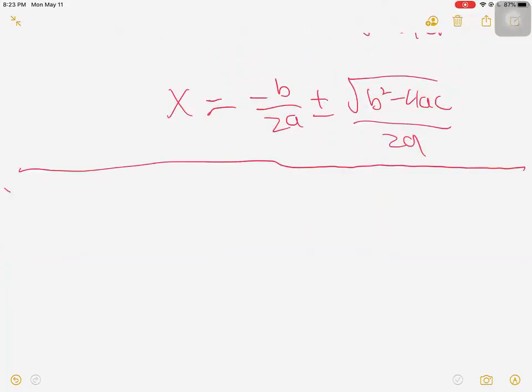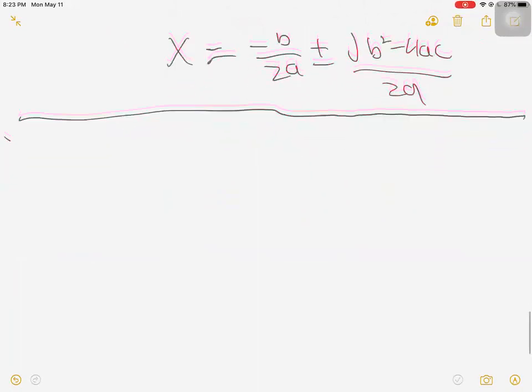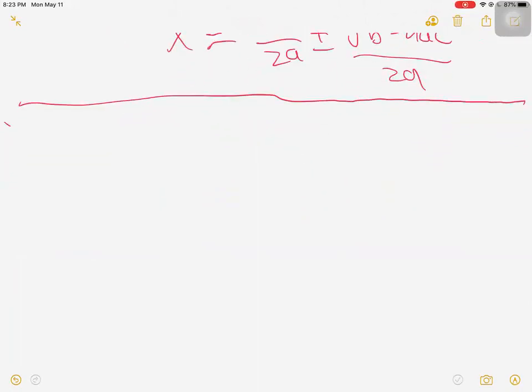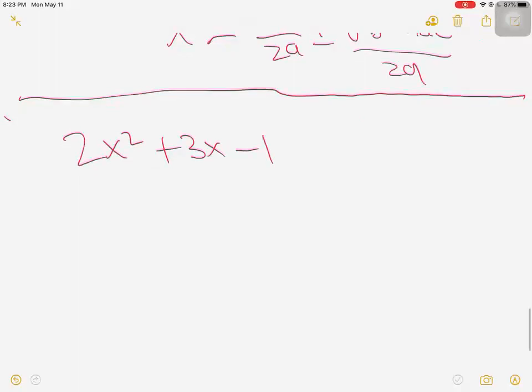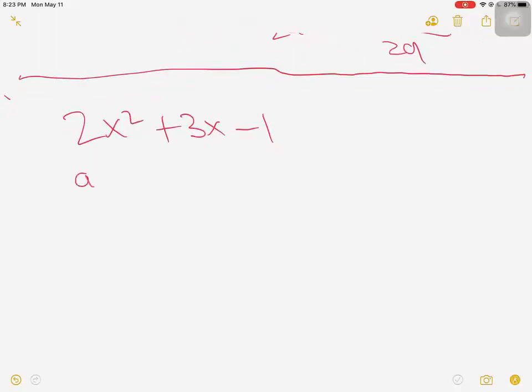So I'll just show one example of this in action. Let's just use our original quadratic again. Actually, I'll use a different one, so it has a different leading coefficient. 2x squared plus 3x minus 1. Okay, that's fine. Then we have a is equal to 2, b is equal to 3, and c is equal to negative 1.